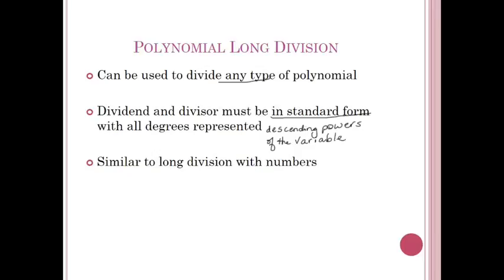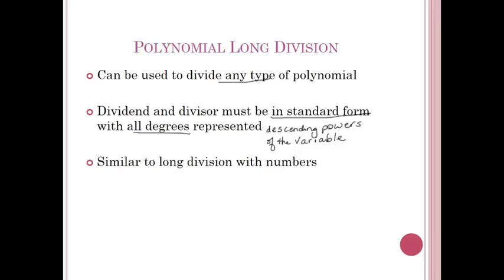Okay, so we're going to put it in descending powers of the variable. Alright, and all degrees have to be represented. What that means is, say I've got x cubed and then an x, I'm missing an x squared, we have to put that in there as a placeholder, so to speak. So I'll show that to you as we work the problems and the examples.